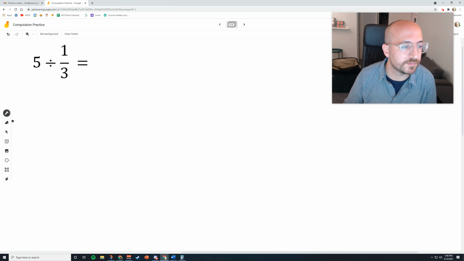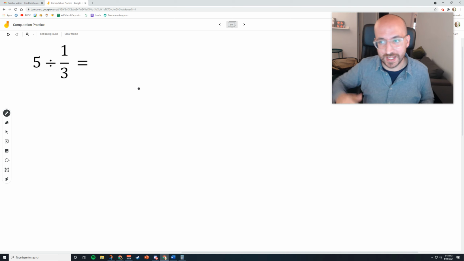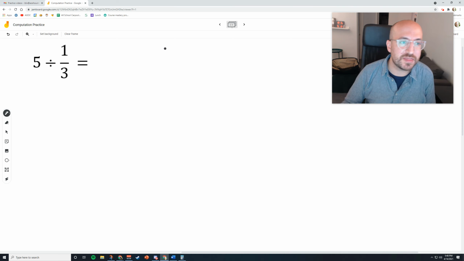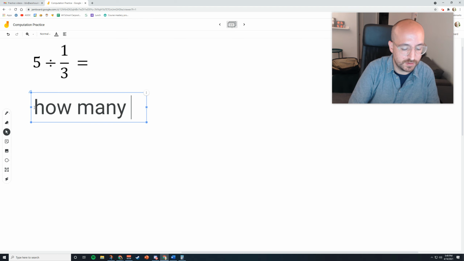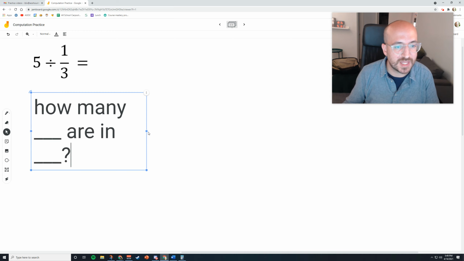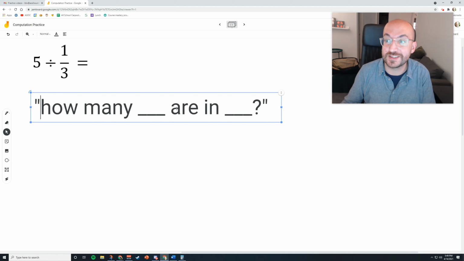All right, moving on. Here we have 5 divided by 1/3. Whenever I see division, I think, how many are in? That's kind of my sentence stem. And it gets harder with fractions.